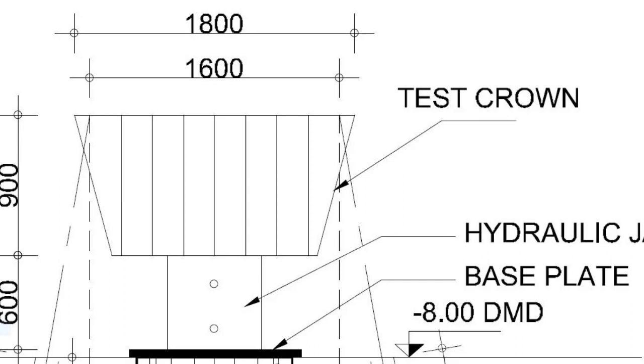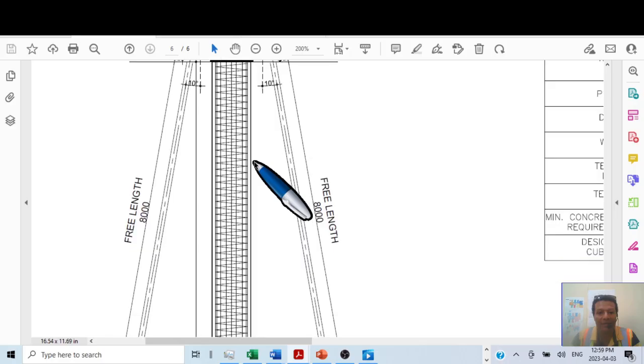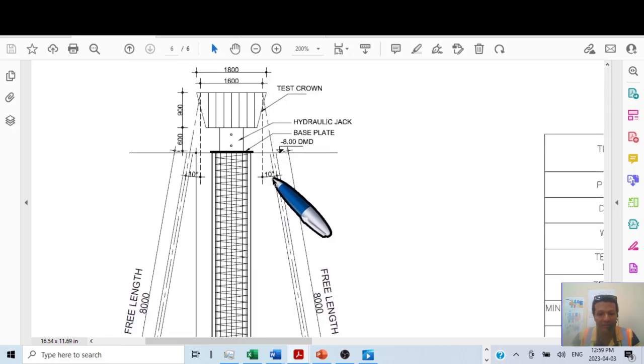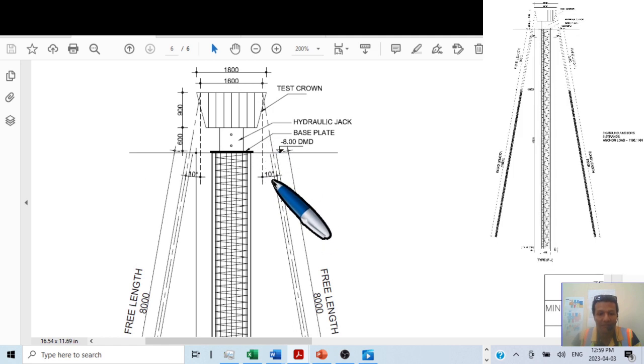This is 1.8 meter, this is 1.6 meter, and all the dimensions, as you can see, this is 90 centimeters, this is 60 centimeter, and this is the cutoff level. We have minus 8.00 DMD, this is Dubai Municipality datum, and this is 10 degree.